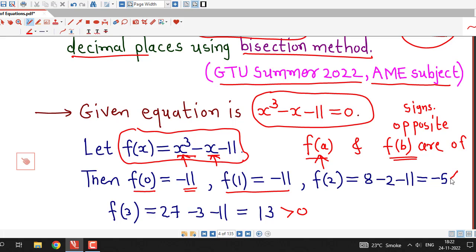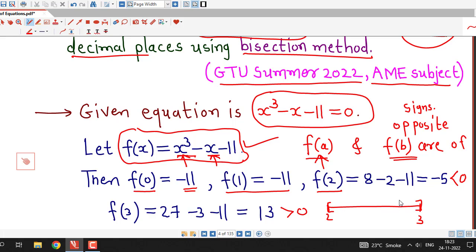So I have obtained 2 points such that f(2) is negative and f(3) is positive. Therefore our search interval is 2, 3. Our root lies somewhere in between 2 and 3, that is intermediate value theorem. Here our function is continuous and f(2) and f(3) are of opposite signs, therefore root lies in between 2 and 3.